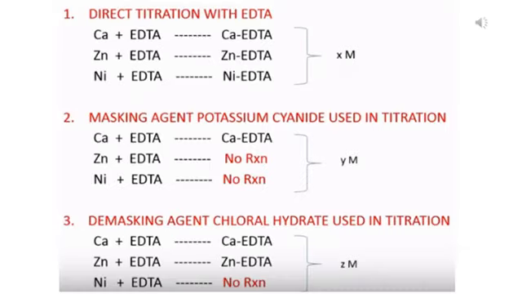Here we can see that in direct titration, calcium, zinc, and nickel, all three of these metal ions can react with EDTA and form a calcium EDTA complex, zinc EDTA complex, or nickel EDTA complex, and we give this the name Xm. Now if there is a masking agent, that is potassium cyanide, used in the titration, for example, we have all three ions but we want to determine the concentration of only one ion, that is calcium ion.